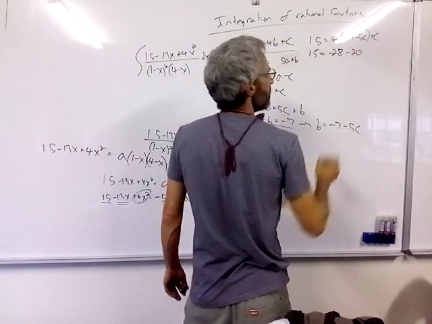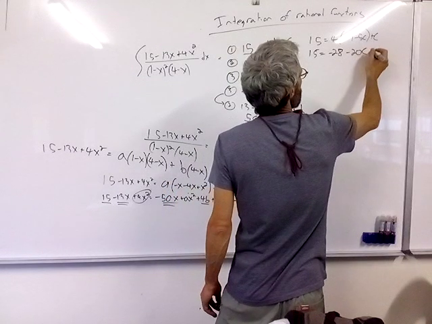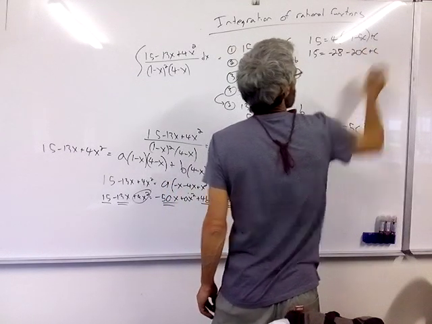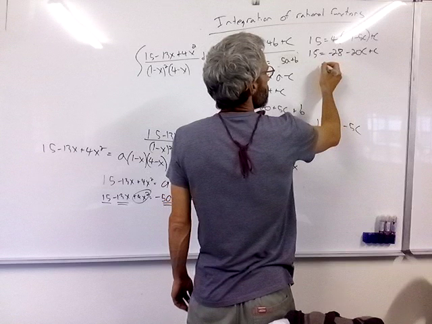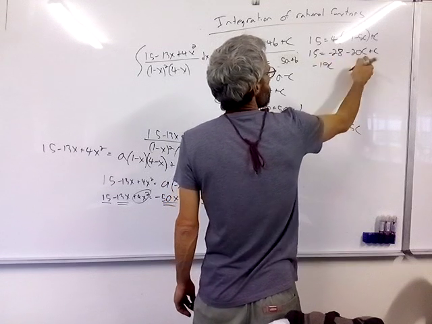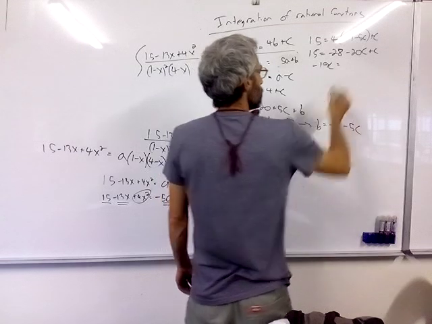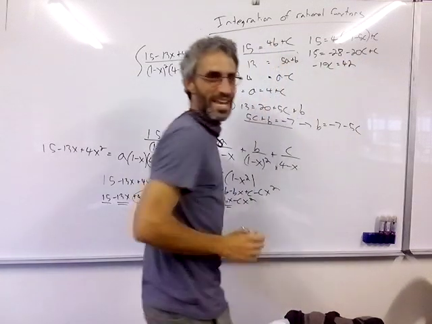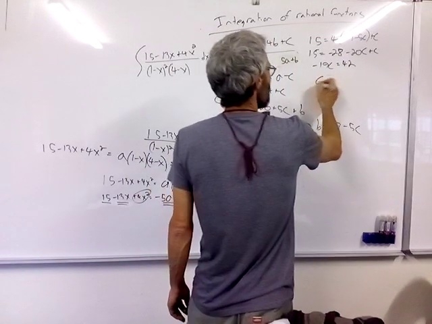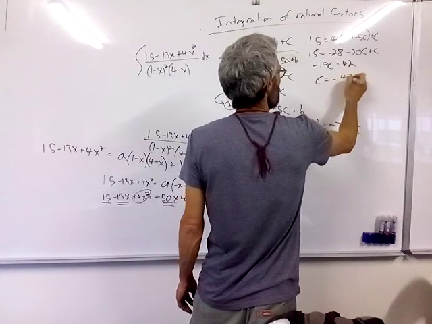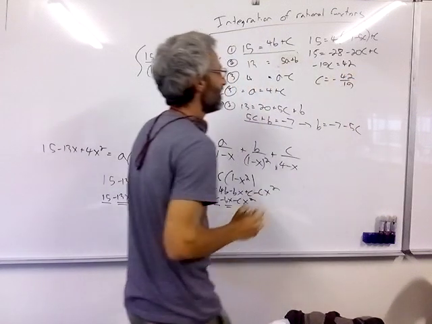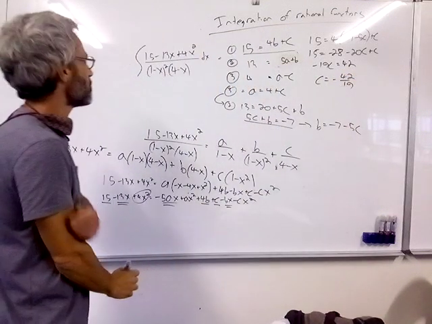I'm sure I've made a million mistakes there. So I've got minus 19c, and I move the 28 to the other side, 42. I'm sure I made a mistake, guys. Okay, c equal minus 42 over 19, and we got the first one.